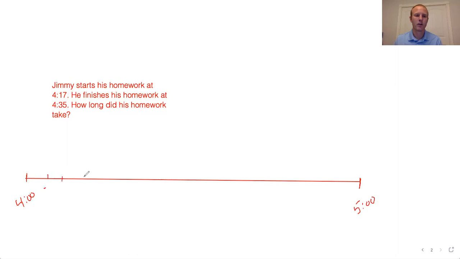5, 10, that's too close. 10, 15, 20, 25, 30, 35, 40, 45, 50, and 55. Okay. Sometimes those will all be labeled, sometimes they're not. I'm going to label them starting at 4:15 because that's the closest before 4:17.